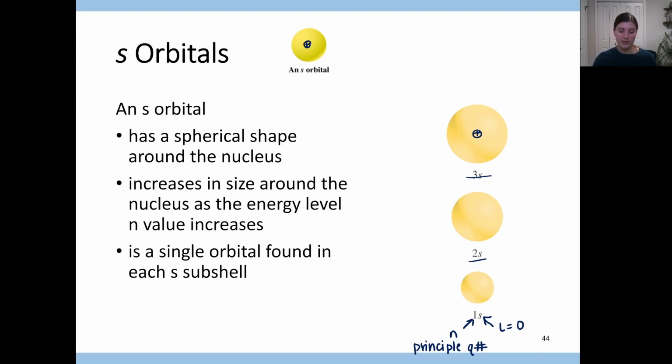If principal quantum number is 2, so here we have n equal to 2, then L can equal 0 or 1. This is principal quantum number 2 with L still equal to 0. If L equals 1, we have the p orbital shape. And then for our largest orbital here, n is equal to 3 and L is still equal to 0. So this is displaying that as the n value, principal quantum number, increases, then the size of this orbital, or the amount of space that an electron can occupy, also increases.